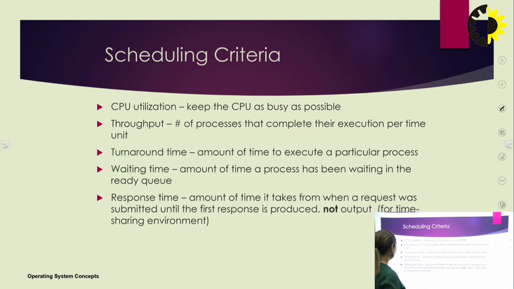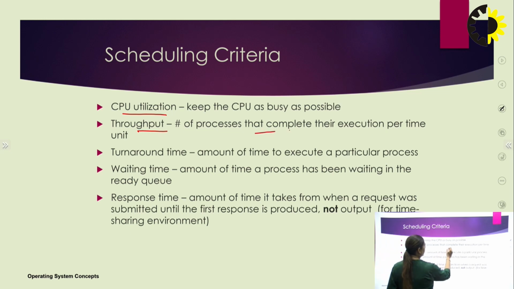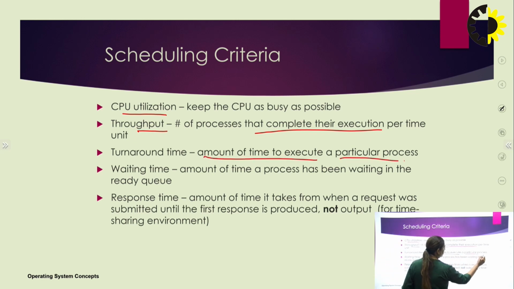Now the scheduling criteria: we have to make a schedule in a way that the CPU utilization is maximized, right? The CPU should not be idle for a longer time. We have to make sure of this. And we have to increase the throughput, right? Throughput is the number of processes that complete their execution per time unit. Turnaround time is the amount of time to execute a particular process.